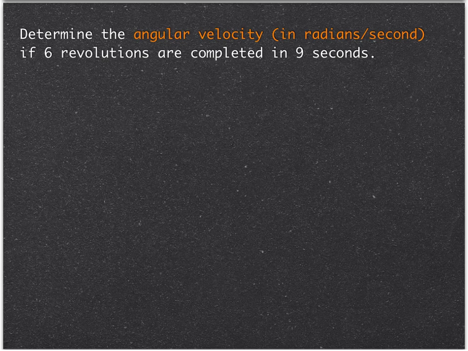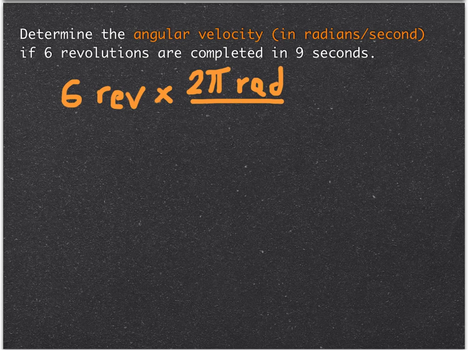If we talk about revolutions, every time we make a revolution around a circle, of course, that's going to be 2 pi radians. So I'm going to do a little unit analysis here. You've probably done this in science quite a bit. I know that there are 2 pi radians in 1 revolution. And when I multiply these together, I think you see that revolutions will cancel out, and I'll get my radians.